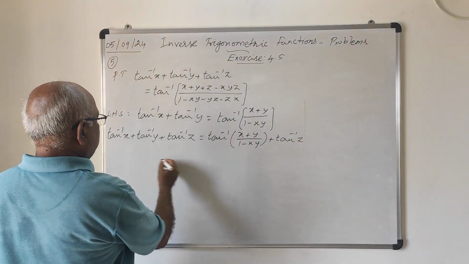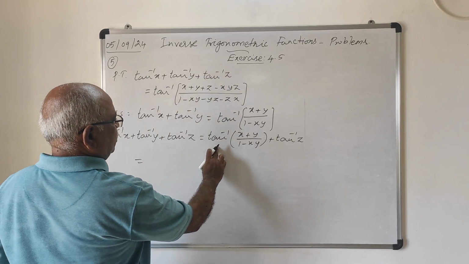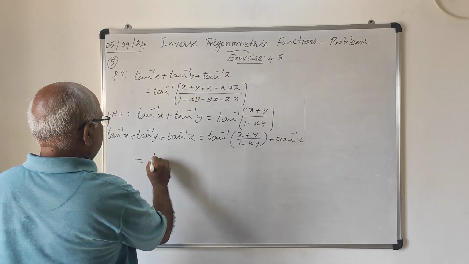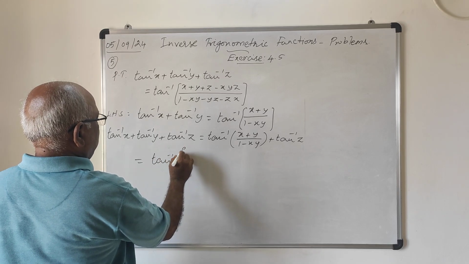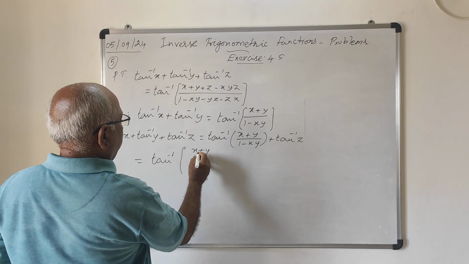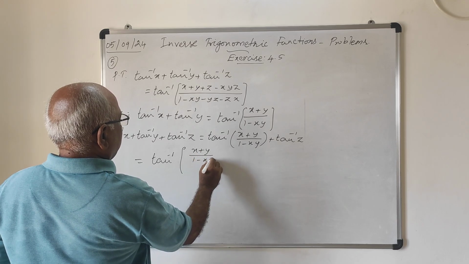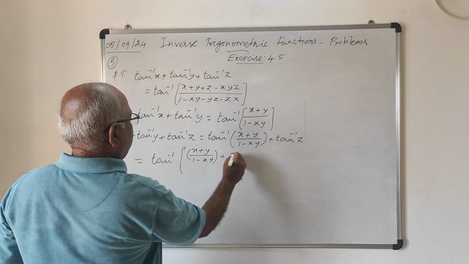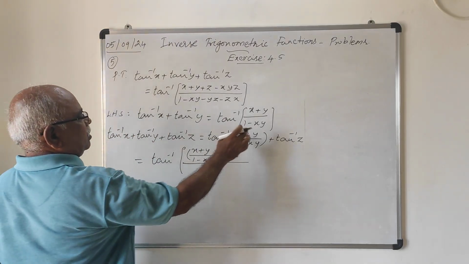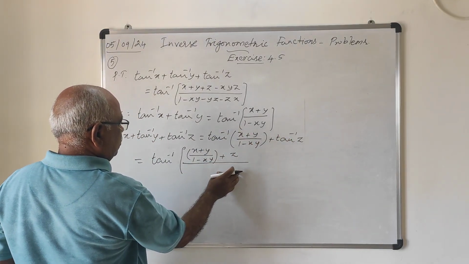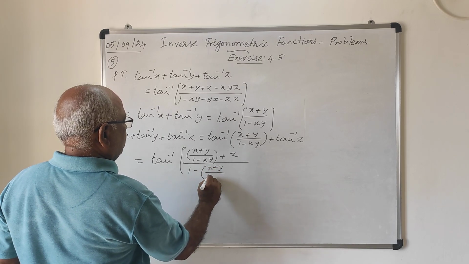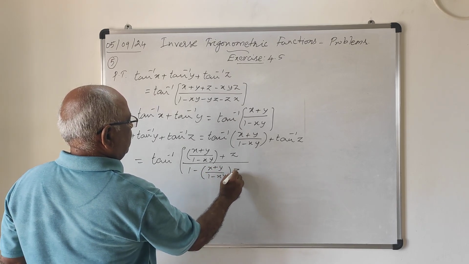So this is equal to tan inverse of x plus tan inverse of y. Again, using the above result, tan inverse of (x plus y) by (1 minus xy) plus z, that is (x plus y) by (1 minus xy) into z.